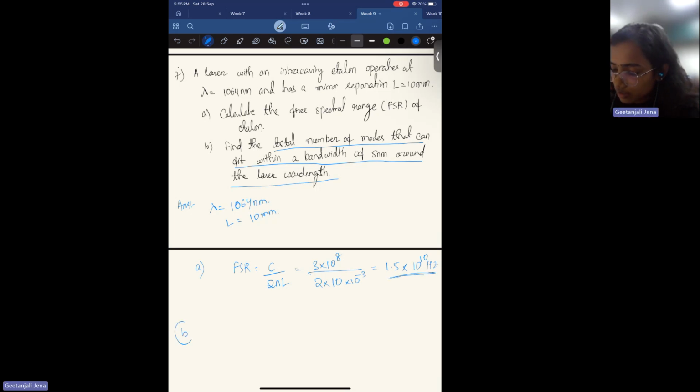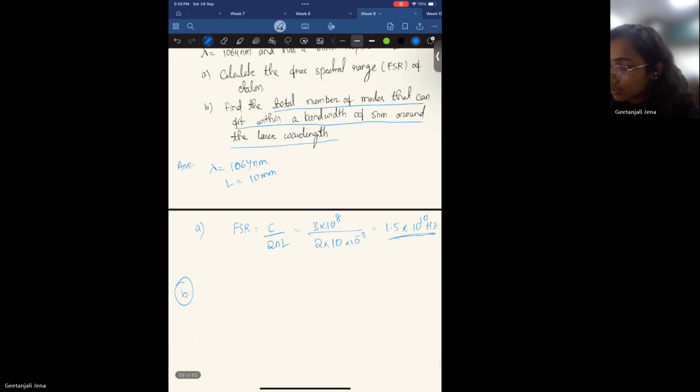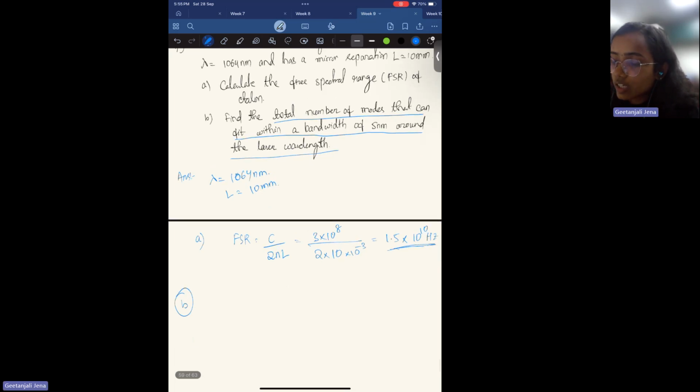Now the next part asks what is the total number of modes that can fit within the bandwidth of 5 nanometer around the laser wavelength. So you have a laser wavelength and its bandwidth is 5 nanometer. Then in that bandwidth, what is the total number of modes of this etalon that can fit inside this 5 nanometer? So for this case, you have to express the FSR now in terms of nanometer.